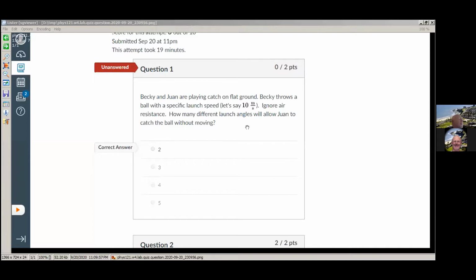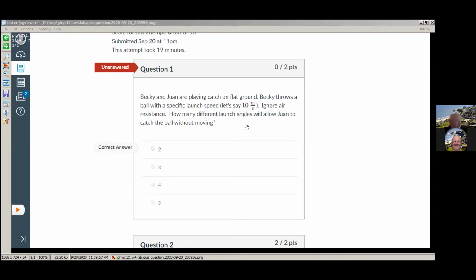Okay, so Becky and Juan are playing catch. Let me get a new piece of paper here. Let me go to 113. This is from 121. And I'll just put here Becky and Juan. So Becky and Juan are playing catch on the flat ground. Let me draw a picture.